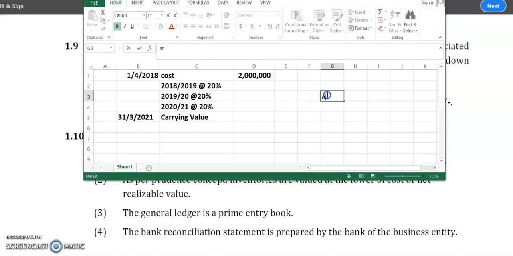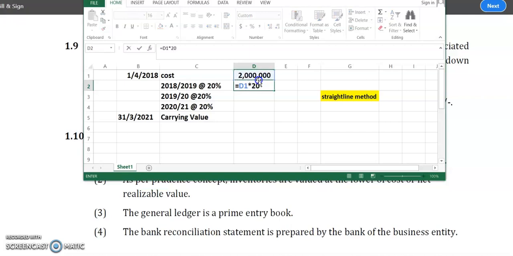This is very important to mention: use the straight line method. 20% of 2 million is 400,000.